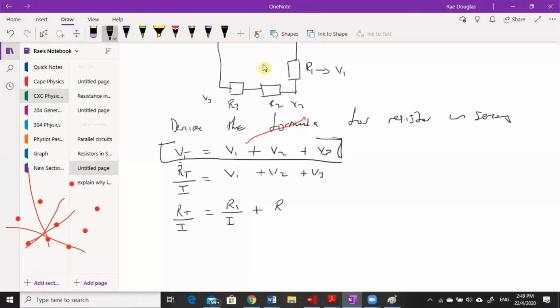Plus R2 upon I plus R3 upon I. Now, we want to factor out I on this side of the equation. So 1 upon I multiplied by R1 plus R2 plus R3 is equal to RT upon I.